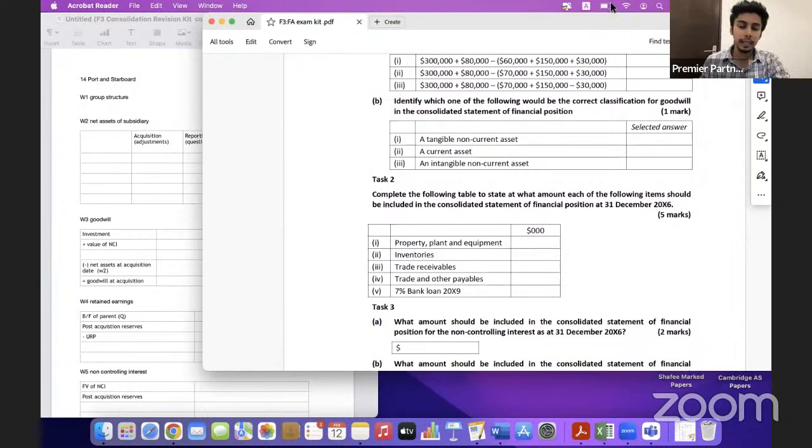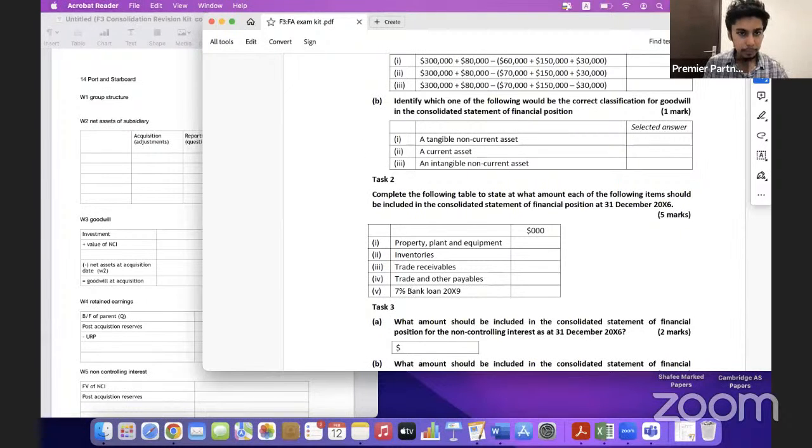Now, they are asking for the values of PPE, inventory, trade receivable, other payable, and bank loan. So they are asking some values. Remember, for those who don't know about consolidation, PPE, inventory, and trade receivable are all assets.